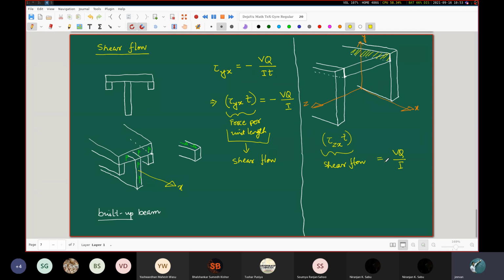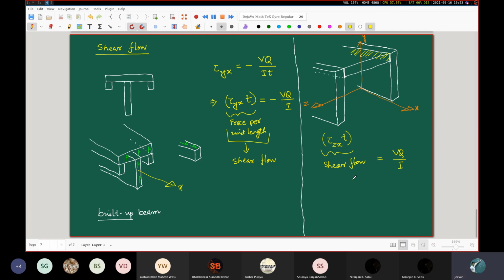In fact, professional engineers never use the negative sign when they write down shear stress values. They have to be very specific about the direction of the shear stresses, but they never write the minus sign, because without referring to a particular coordinate axis, the minus sign doesn't make any sense for shear flow or shear stresses.